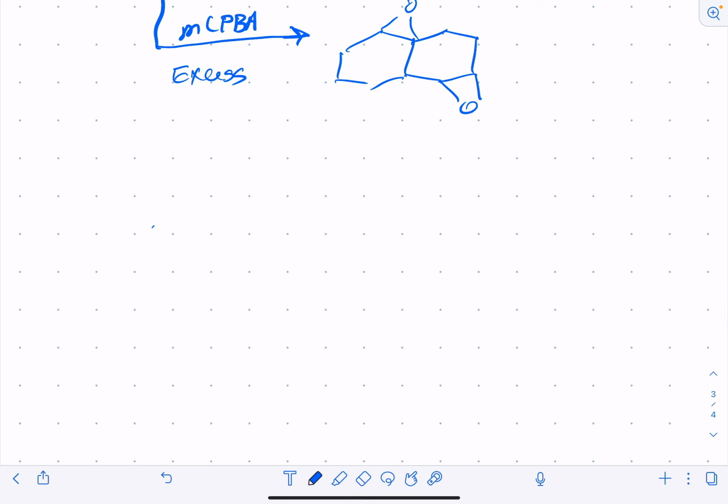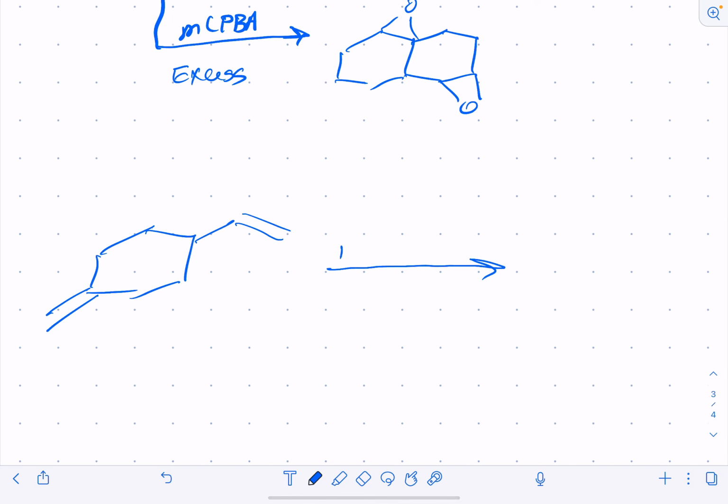Let's do one more example. And I don't know, why don't we do HBr for this one? Okay. So again, I have to just look at the number of substitutions on each double bond. The double bond here on the left is going to be more substituted.